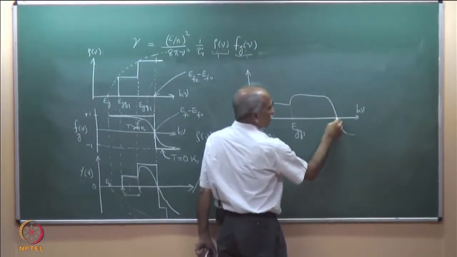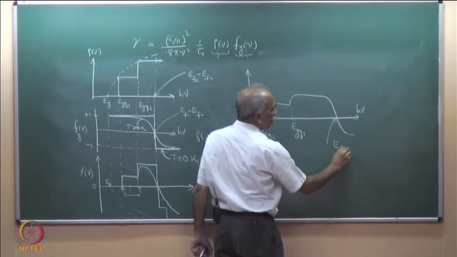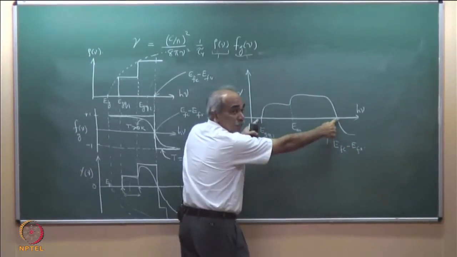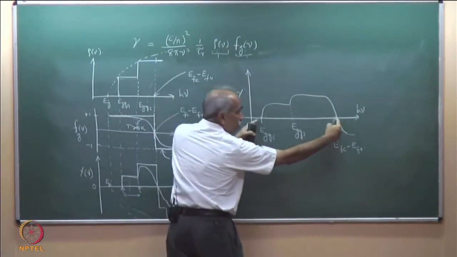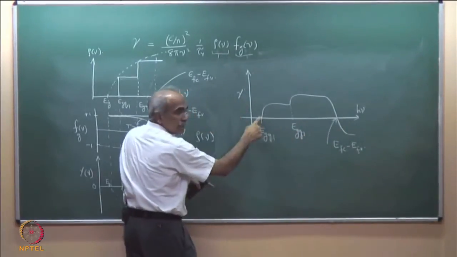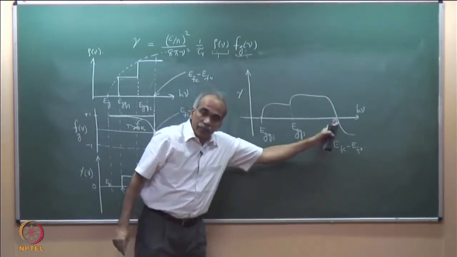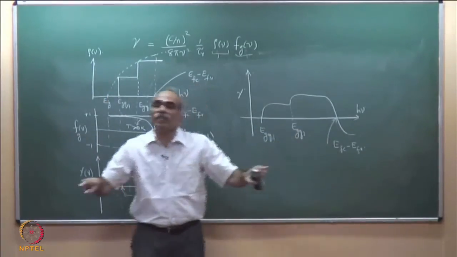And obviously this crossover point is always EFC minus EFV, which determines the amplification bandwidth. The amplification bandwidth in this case is always EFC to EgQ1. In the case of a bulk amplifier, it would be EFC to Eg.